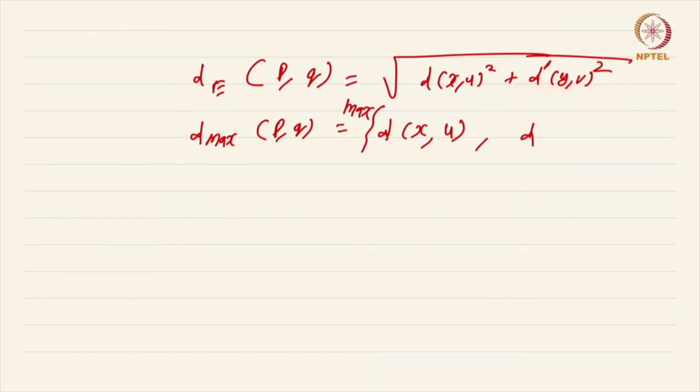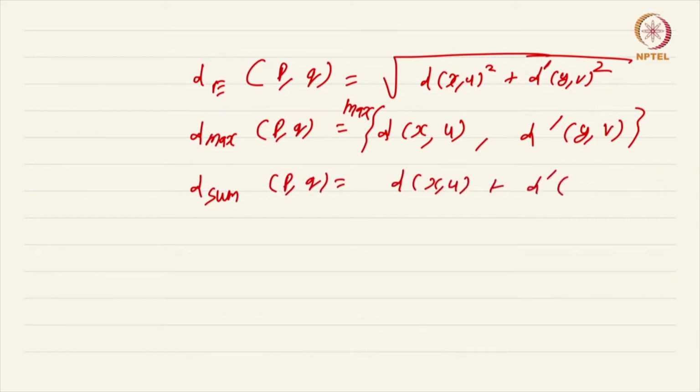You just take the maximum of the two as the name suggests. And the third one, d sum of P, Q, is, as you could expect, d of (x, u) plus d prime of (y, v).